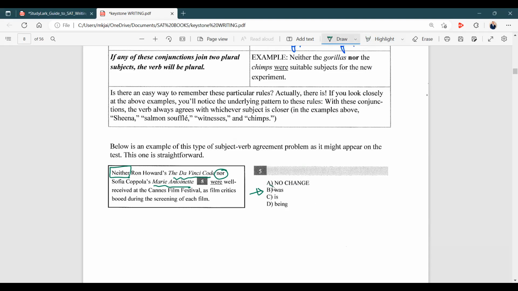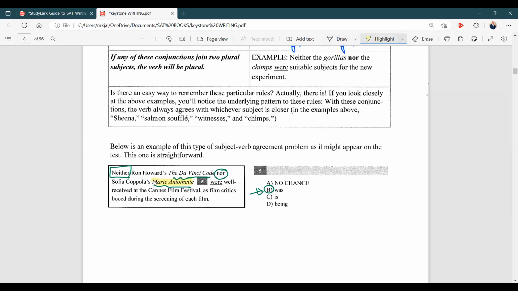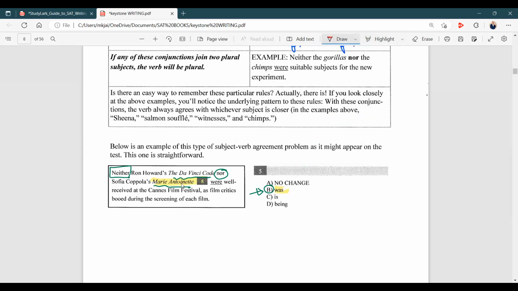Yes, you're right, it's B. But why B? Neither of them. What's the rule? We've just mentioned it. The verb matches its neighbor, the noun closest to it. This is singular, so the verb must be singular as well.